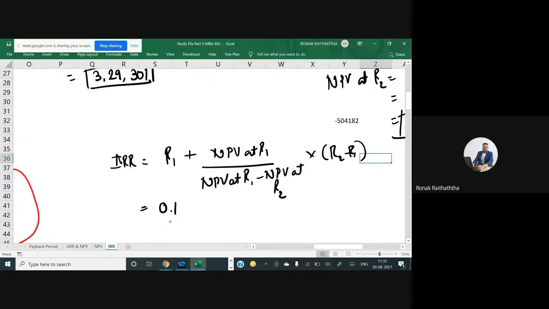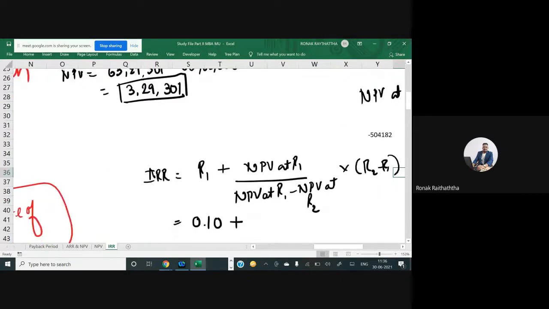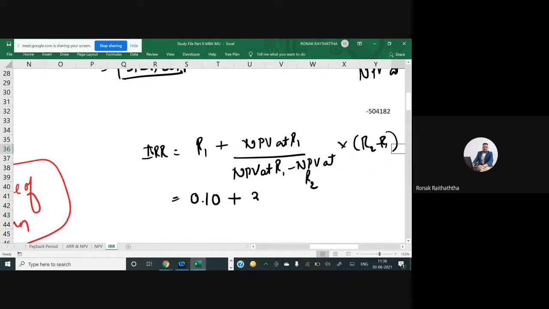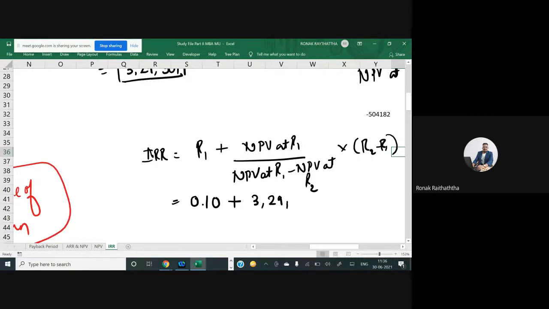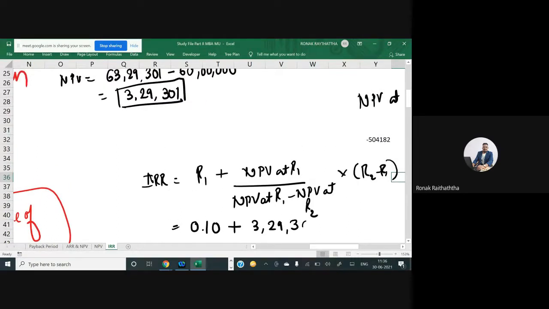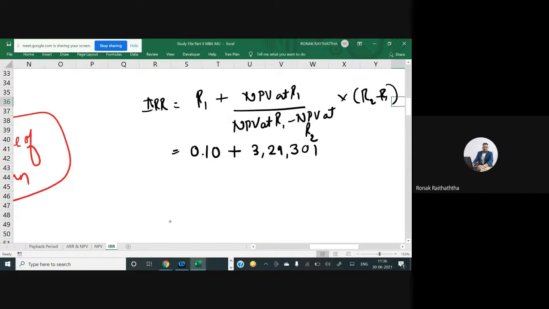So 0.10 plus NPV at R1. What do we get at R1? I guess 329,301, right? That is to be divided by NPV at R1 minus NPV at R2. So 329,301 minus.